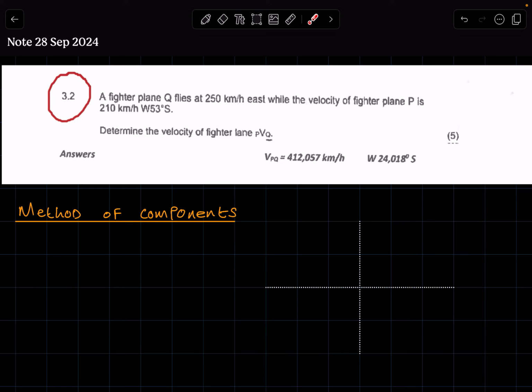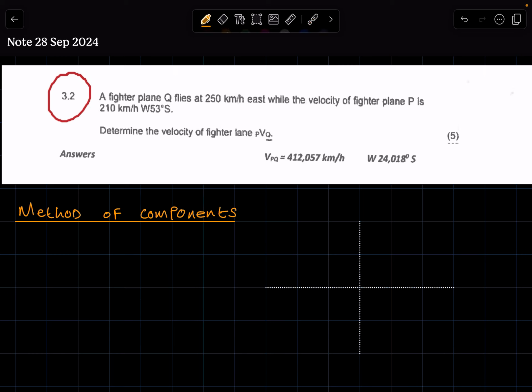So the object whose velocity you want to determine is the one you take as the object, and the one it is relative to is the one you take as the frame of reference. How you determine this will be based on the question. In the statement, you're just told of two objects and given the magnitude of their velocities as well as their direction, but it is in the question where you are able to establish which of the two is the object and which one is the frame of reference.